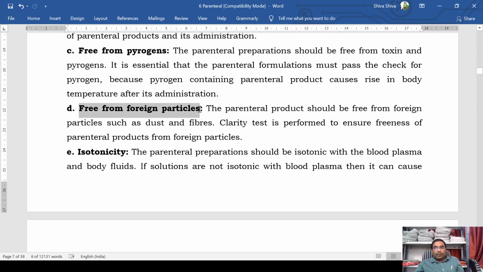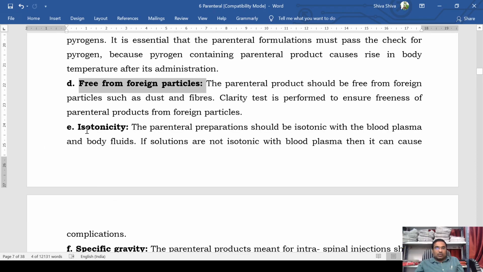Then free from foreign particles. So any kind of foreign particle should not be present inside the parenteral product. Then isotonic. Already we have seen the importance of isotonicity. What happens if the solution is not isotonic, or the solution is hypertonic, or hypotonic? If the solution is hypertonic, then RBCs may burst.